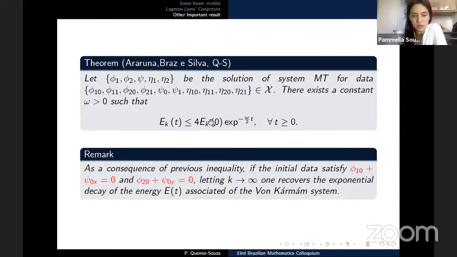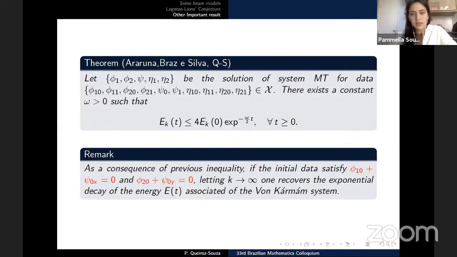As a consequence of the previous inequality, if we consider the initial data satisfying this condition and the second one, letting k go to infinity, one recovers the exponential decay for the energy associated with the von Karman system.